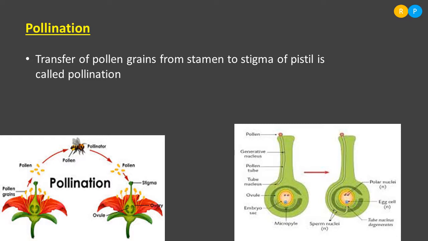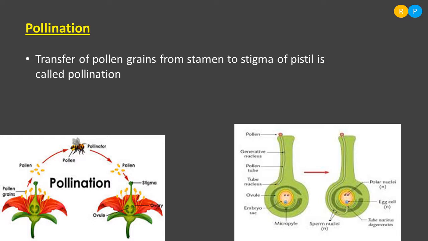If the flowers are scented or if their petals are brightly colored, insects are usually attracted towards the flower to get nectar. When the insects are attracted, they sit on the flower in order to suck the nectar. During that time, they carry pollen grain. When the same insect sits on another flower, it carries the pollen grain to that particular flower.